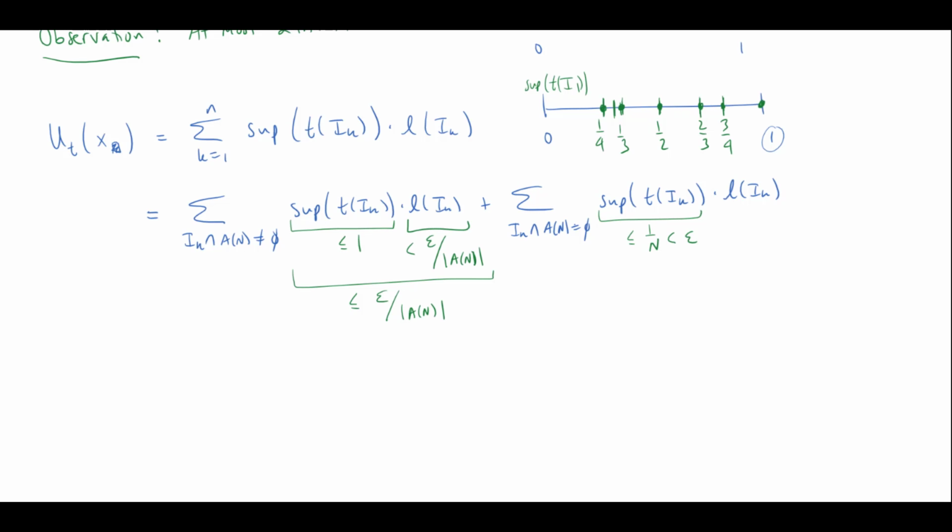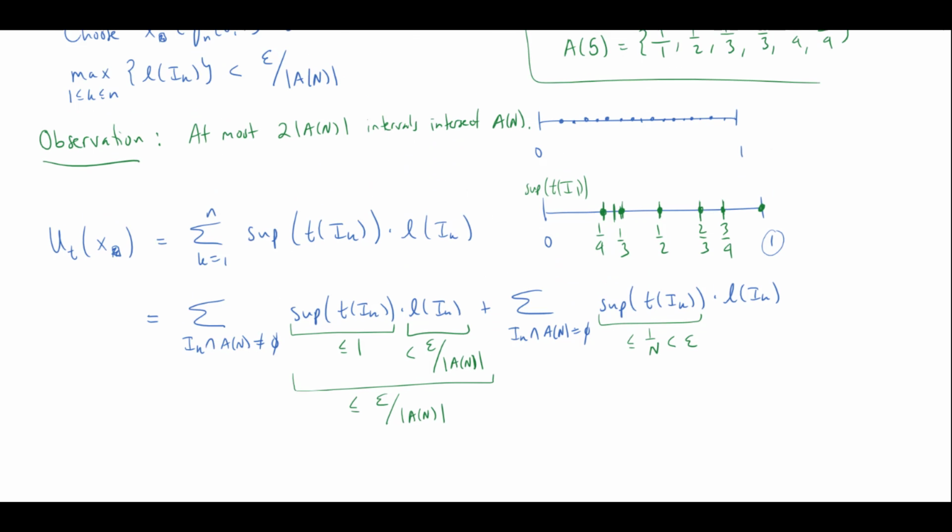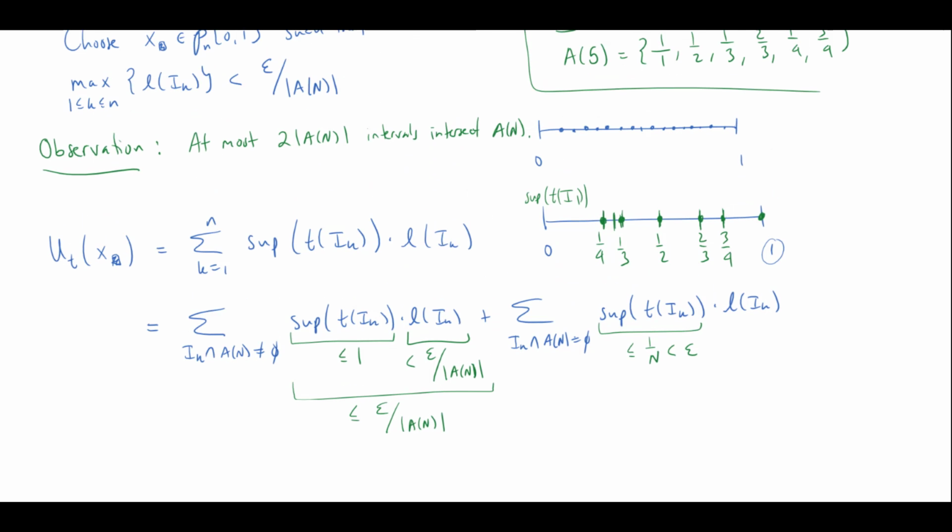Okay, but how many of these things am I adding up? Well, how many intervals intersect A_n? And that's where the observation comes into play. We know that at most 2 times the number of points in A_n intervals intersect A_n. So I'm getting at most 2 times the cardinality of A_n copies of this number.